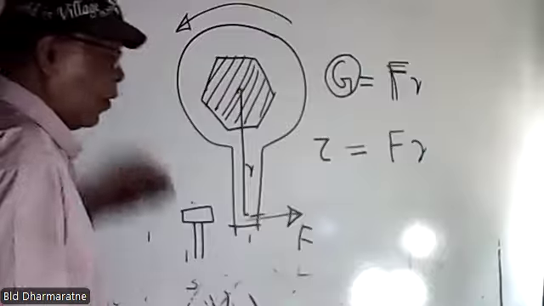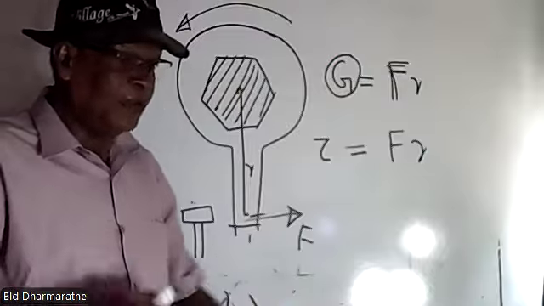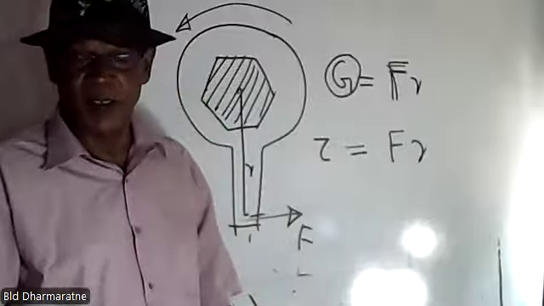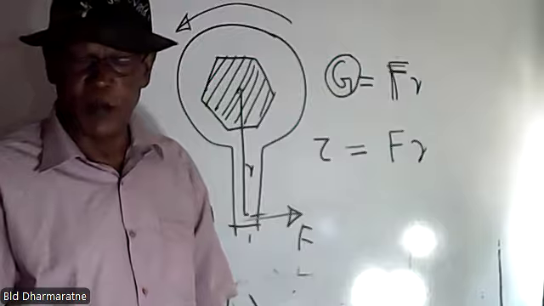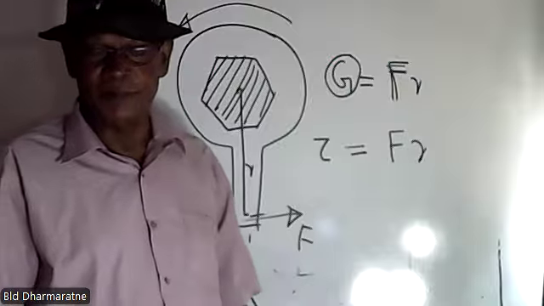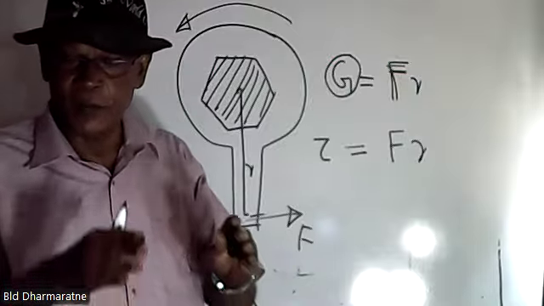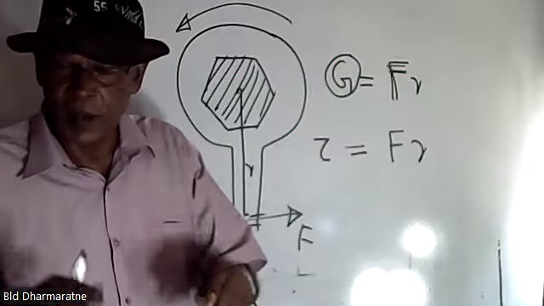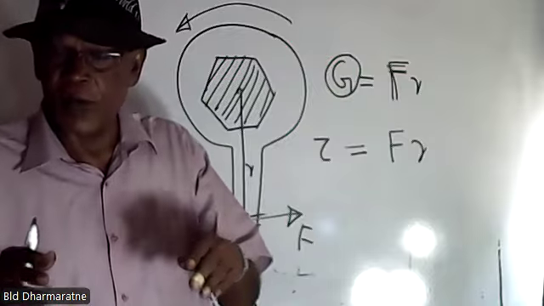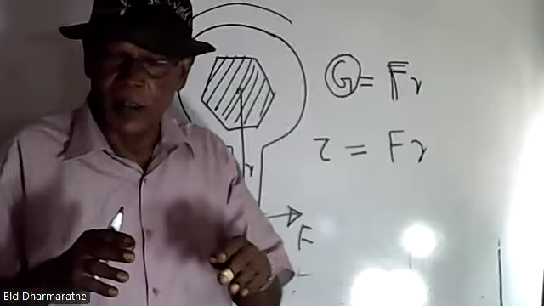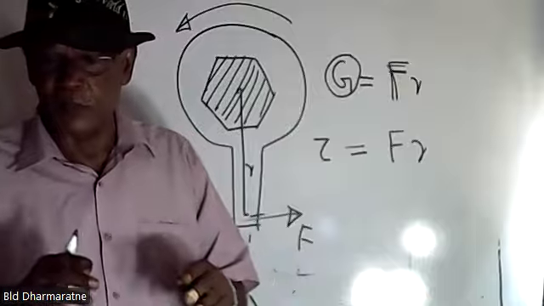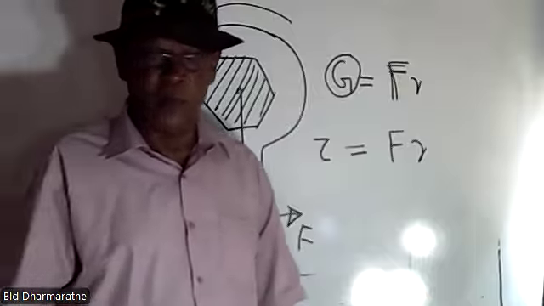Actually, torque is the moment that initially accelerates and then slows down. Moment and torque are actually the same: moment is F into R, torque is also F into R. Torque is used for the initial jerk force.